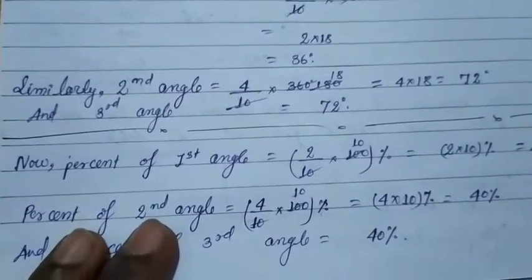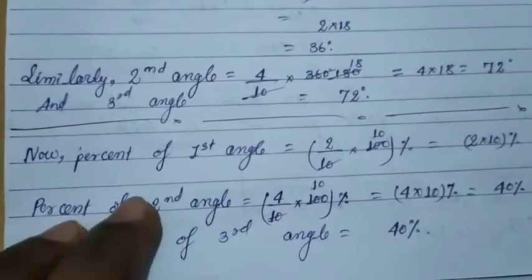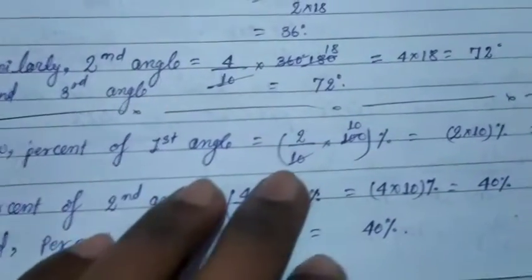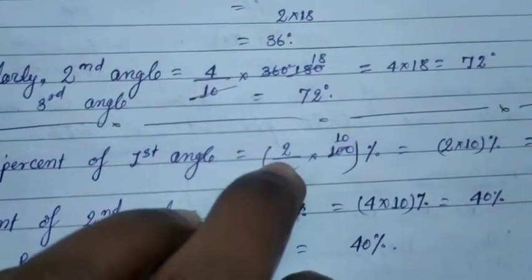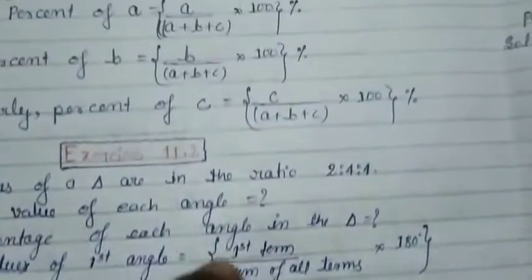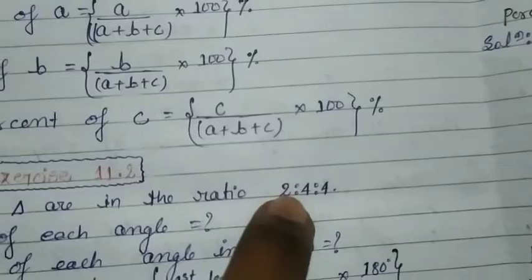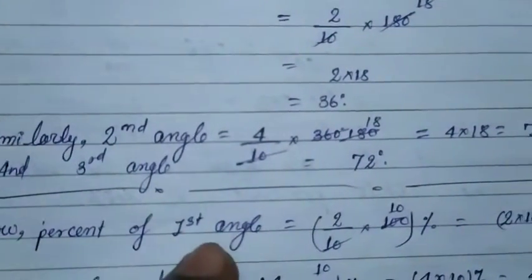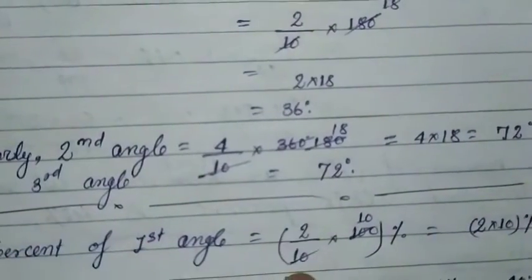Here you have to take good care about the solution. Percent of the first angle is equal to 2 upon the sum of all terms, since the first term of the first angle is 2.